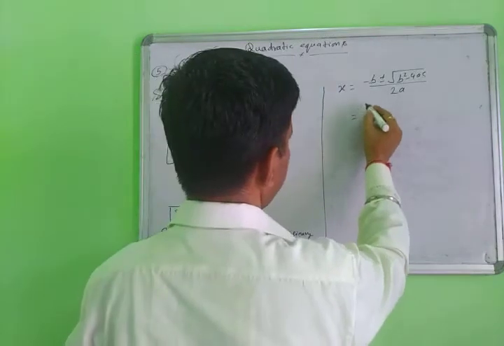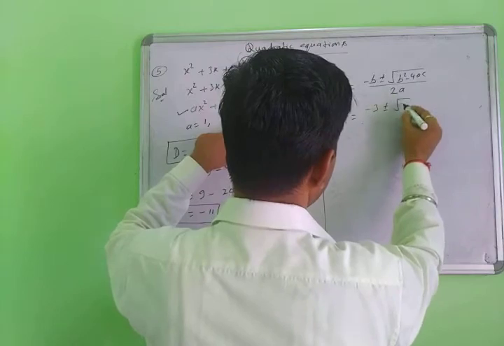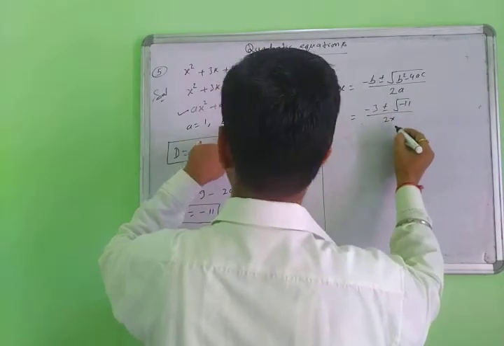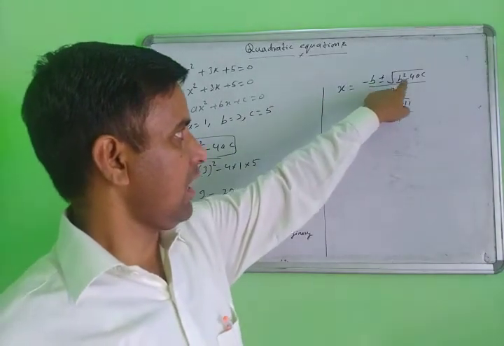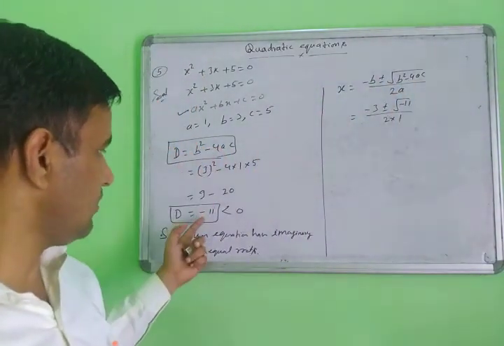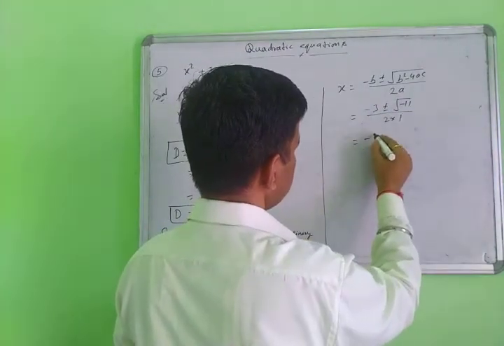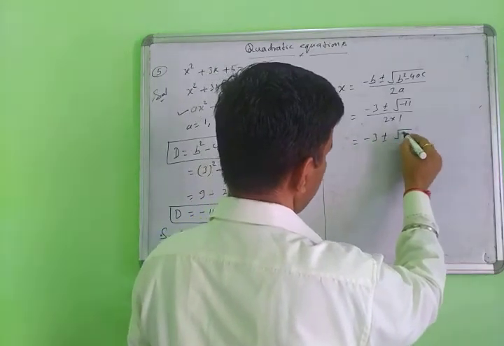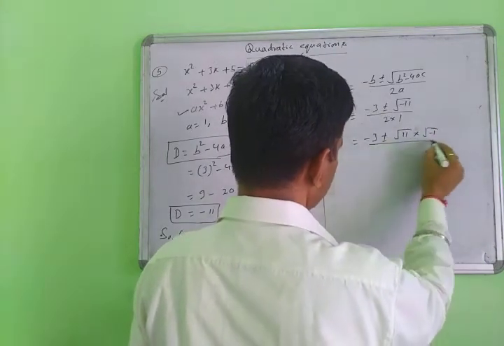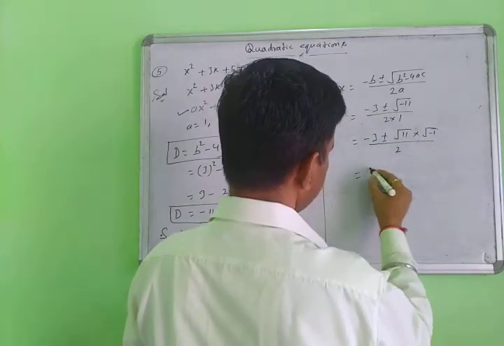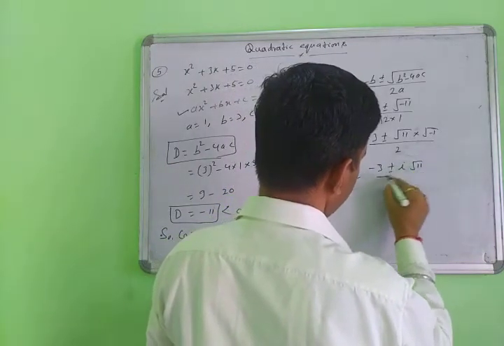Putting the values, minus 3 plus minus root minus 11 upon 2 into a, where the value of a is 1. Then you can write minus 3 plus minus iota root 11 upon 2.